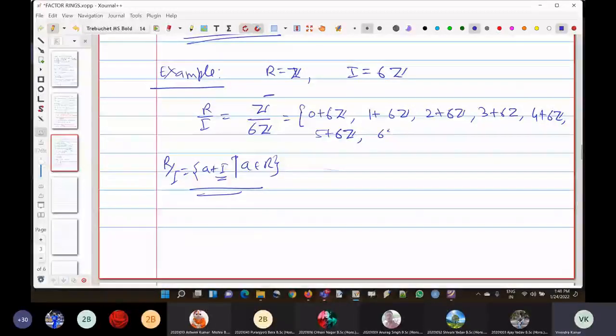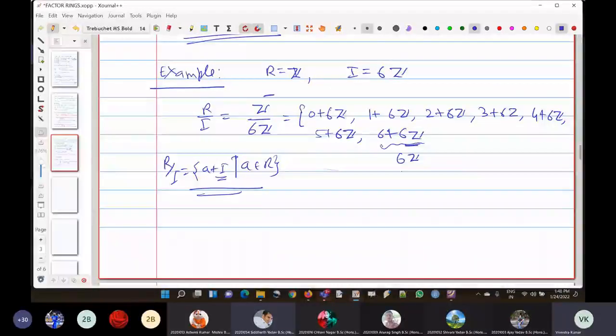And then if you write 6 plus 6Z, you know that this contains all multiples of 6, so this is going to be nothing but 6Z.